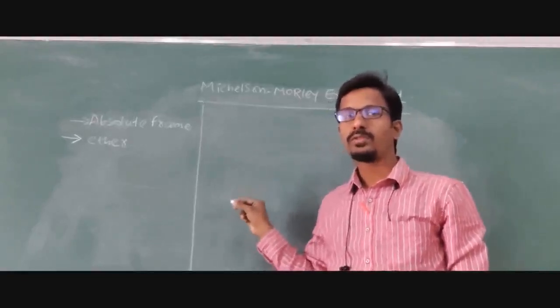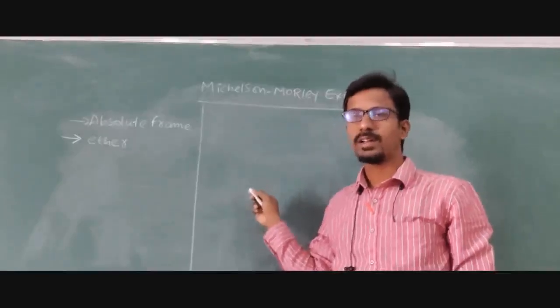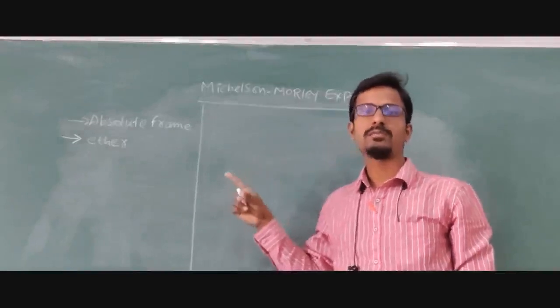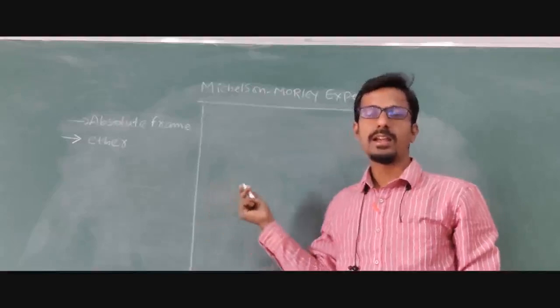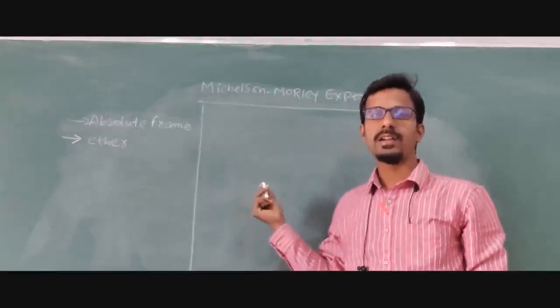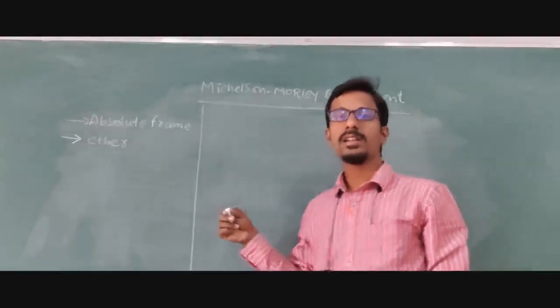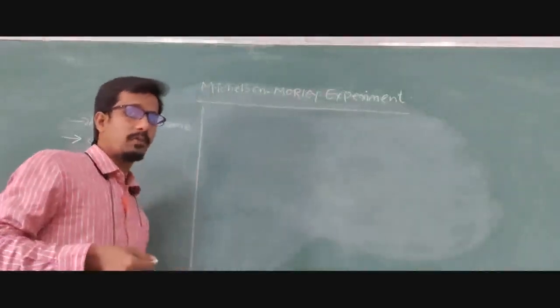Before that, we should know one example. If any body or object is traveling, we cannot decide from that one object alone whether it is moving or not. So definitely we require another frame of reference. Like in the Galilean transformation we discussed P and P dash, X and X dash, Y and Y dash, Z and Z dash, T dash equal to T. Like that, for each and everything we have another object or another frame of reference.